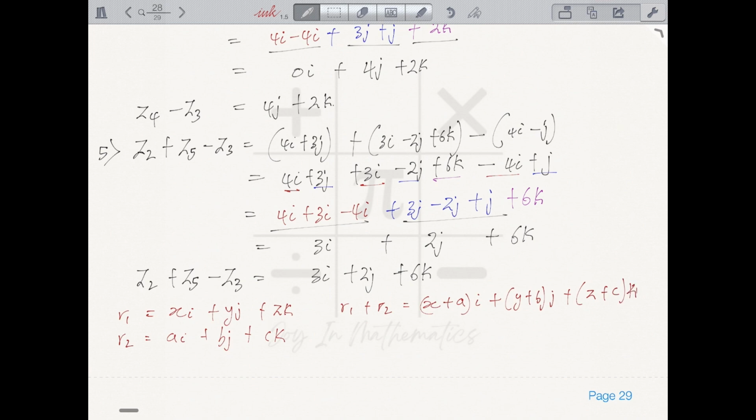We collected the like terms of the i component, j component, and k component. If it is subtraction, it will be x plus or minus a, y plus or minus b, and z plus or minus c.